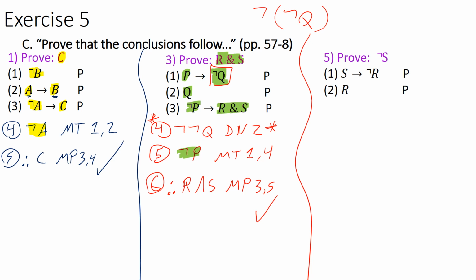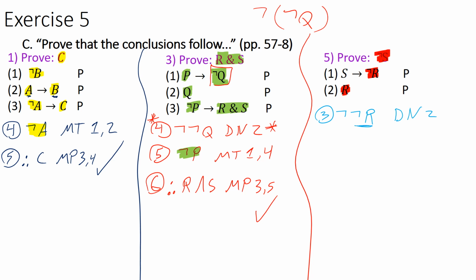For number 5, we want to prove not S. Is anything declared categorically to be the case? Well, certainly. We have R on line 2 as a premise, and R denies not R, but we want to make that explicitly clear. So for line 3, we'll say not not R, and that's just by the double negation of line 2.